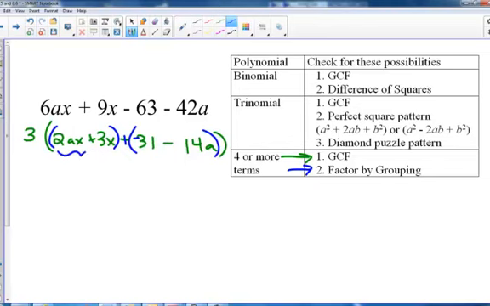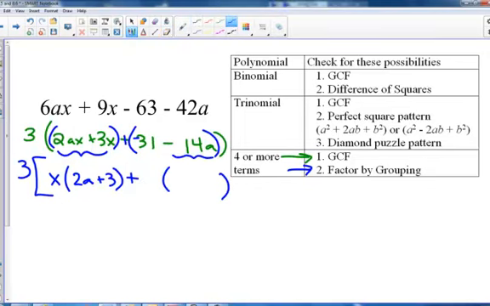Greatest common factor of the first 2 is an x. I'm just going to bring this 3 down so I don't forget it. So left over, I have 2a plus 3. Now, I want to get 2a plus 3 left over in the second thing. So I'm going to take out, this needs to become a 2a.